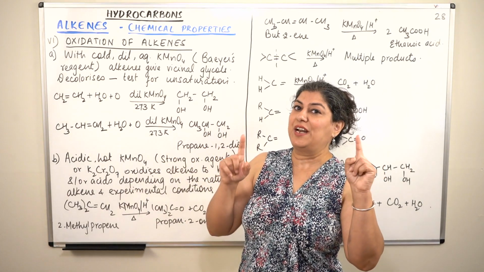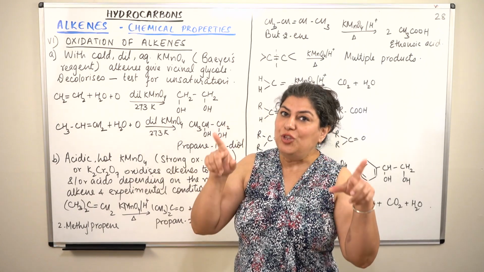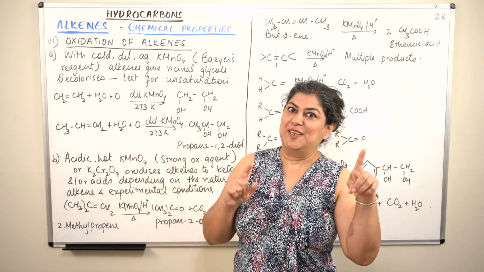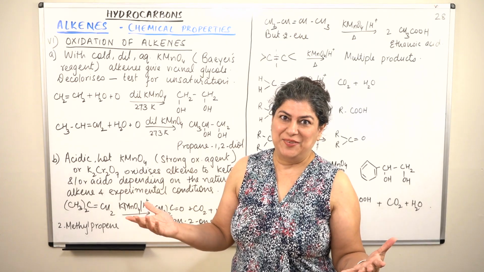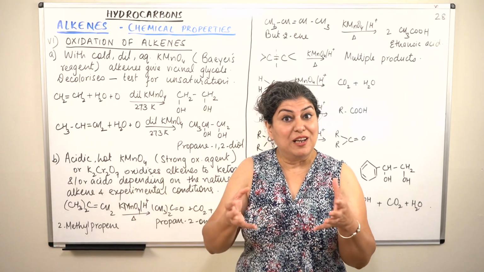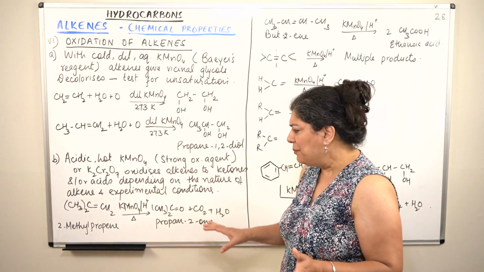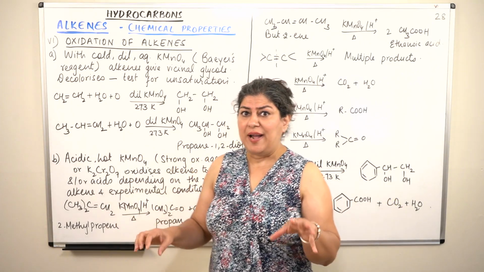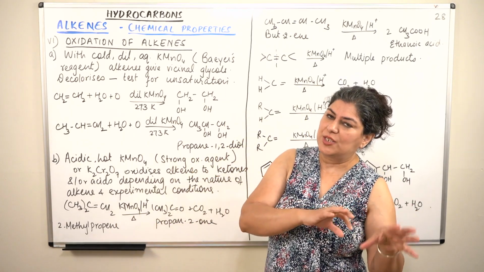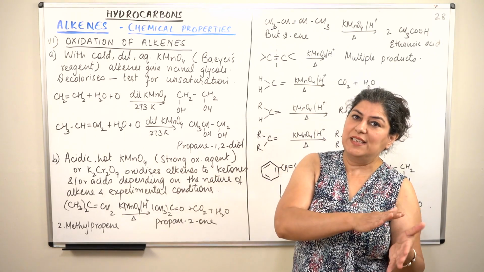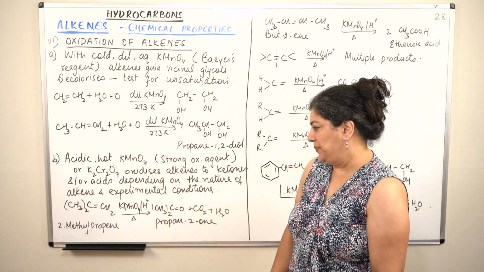Oxygen is 2 negative and hydrogen is 1 positive. So on the whole, the negative charge is increasing. So it will still be oxidation. This can sometimes be a little confusing for students. But don't get confused. Even if OH are adding on, it is still getting oxidized because the negative charge that is increasing is more.